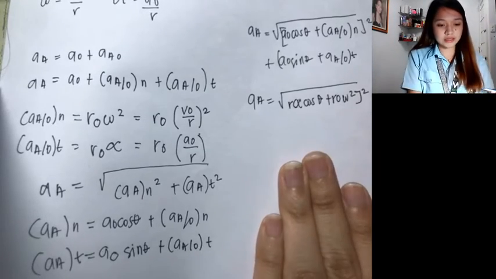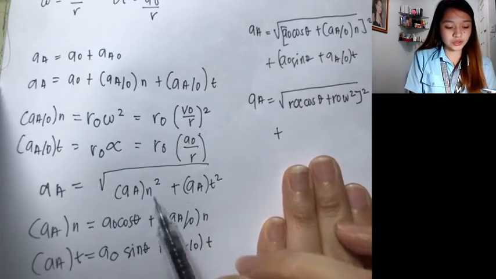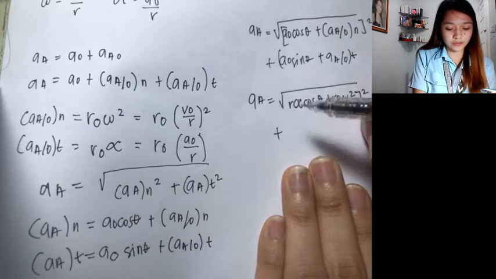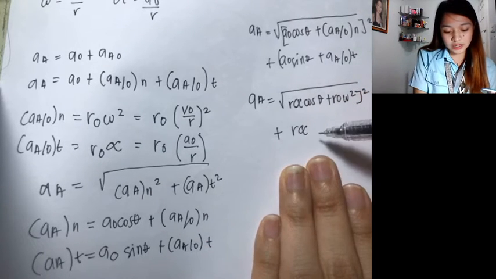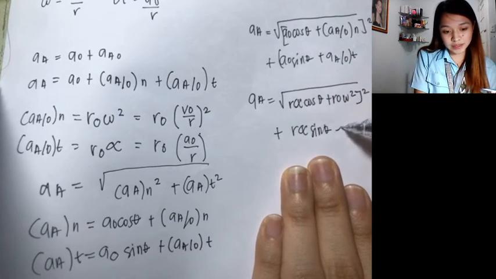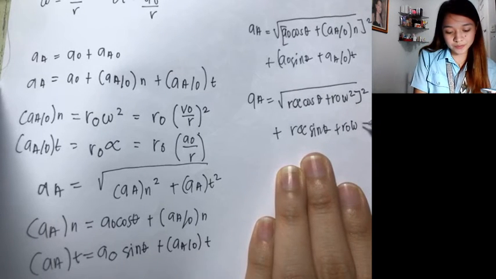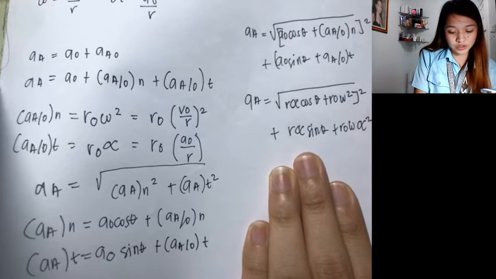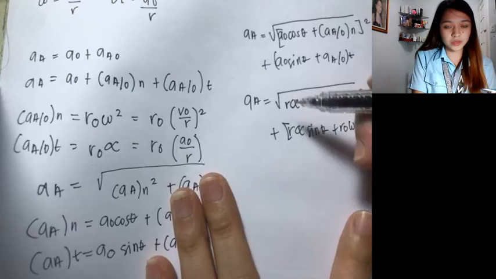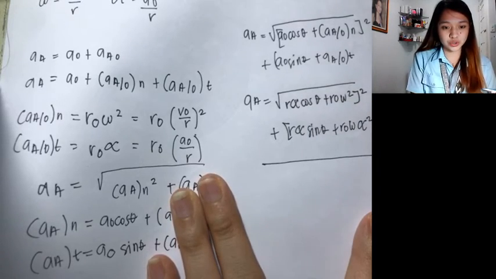And plus, substitute again the value. So we have R alpha sine theta plus R sub O angular alpha squared. So that would be our magnitude.